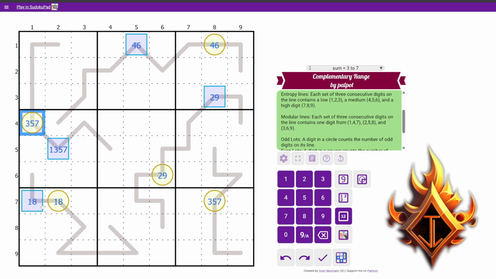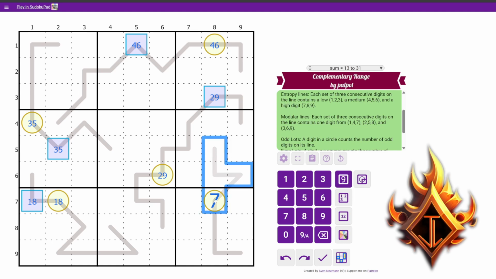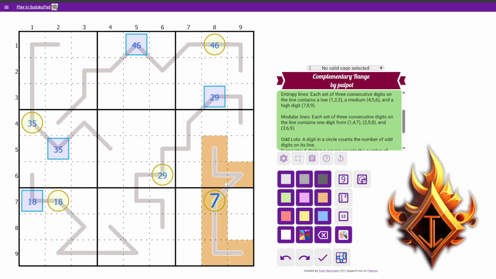This cannot be 1, 7. So this one is 7. So there are 7. Okay, so maybe all of those are odd because there are 7 odd digits on the line because it's in a circle.